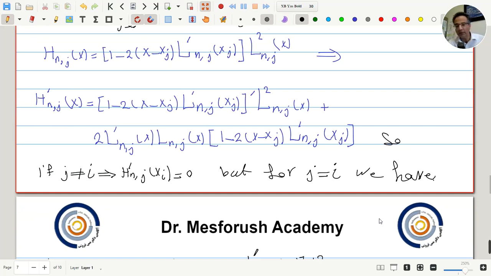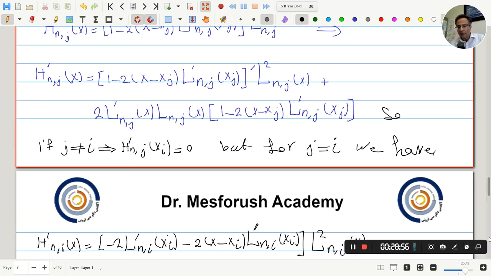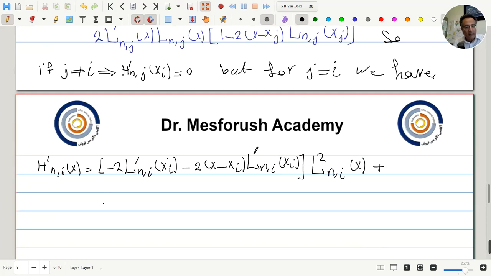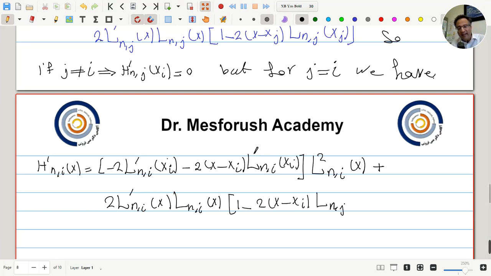Let me have a look again. Yeah, it's correct. So I have computed this derivative, and I have to put the second part, in fact, plus 2L prime n and I at x, okay, L n and I at x times 1 minus 2 times x minus xi L n and j prime at x, correct.